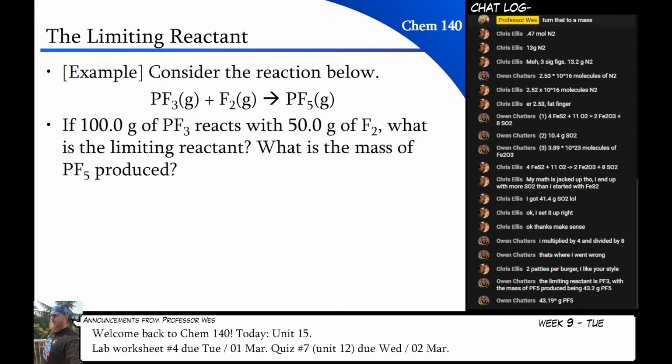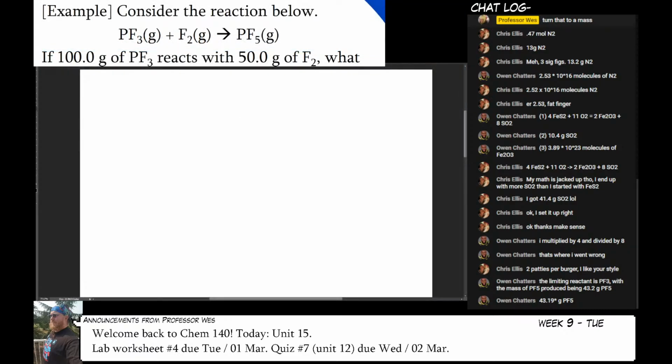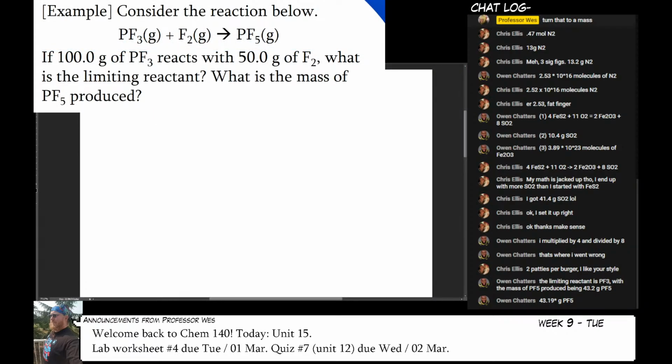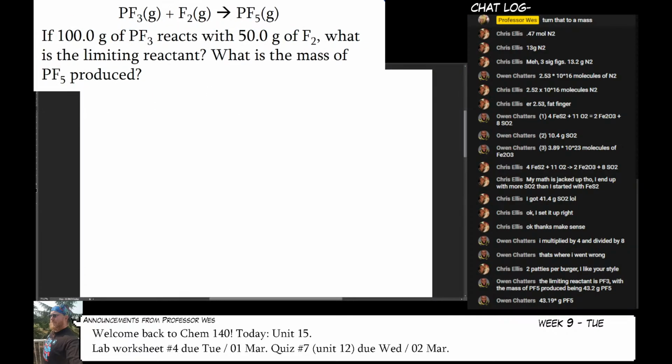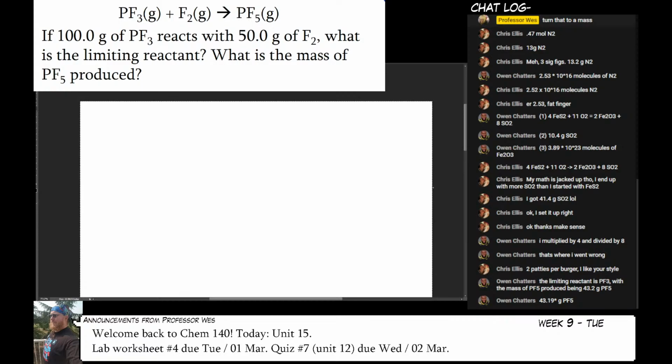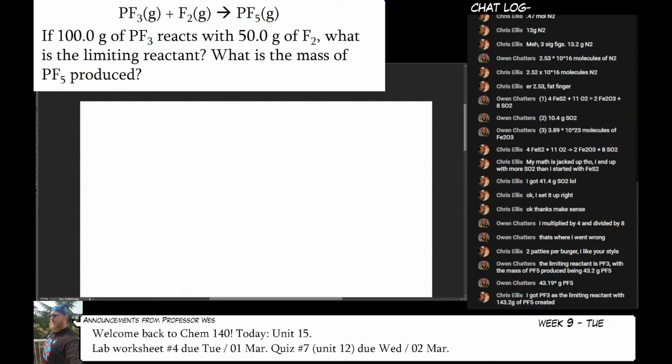All right, we're almost out of time, so I'm going to just do this problem here so that we have it done on the stream. Same deal as we did with the previous problem.